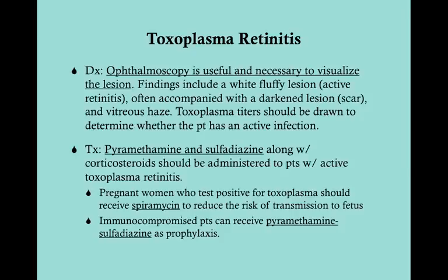If they have an acute toxoplasmosis, so if they have the IgM, we give them spiramycin to reduce transmission to the fetus. And then in immunocompromised patients, especially patients with HIV/AIDS, we will give them pyrimethamine sulfadiazine as prophylaxis. And this is also effective as prophylaxis against Pneumocystis jirovecii pneumonia.